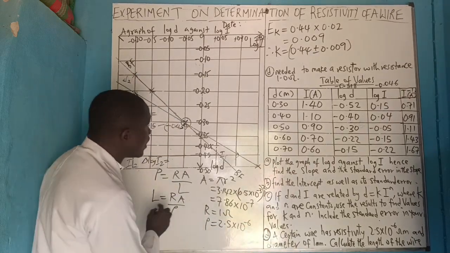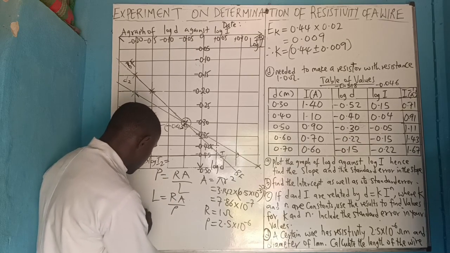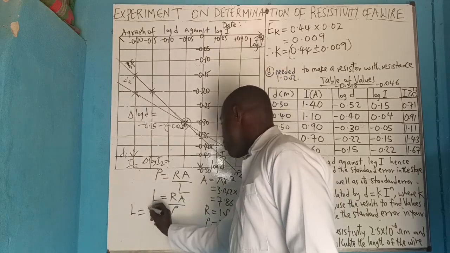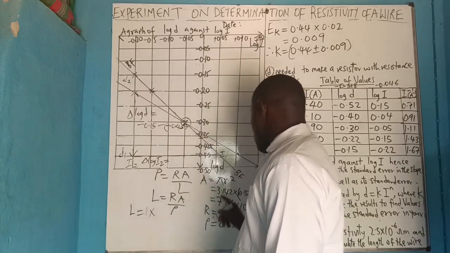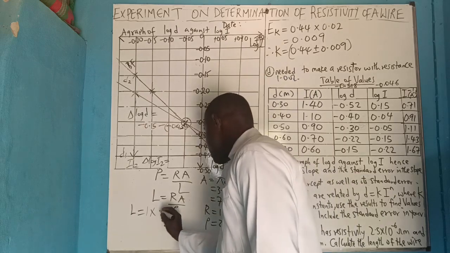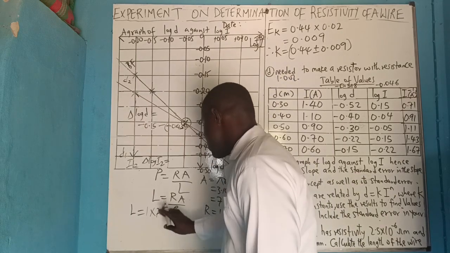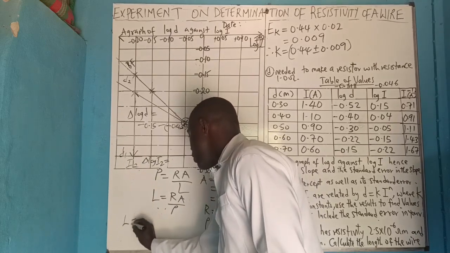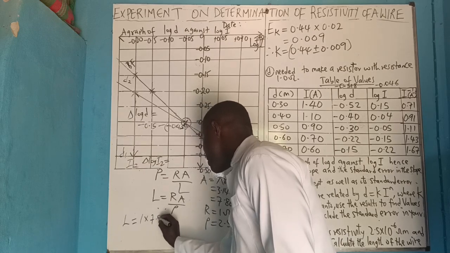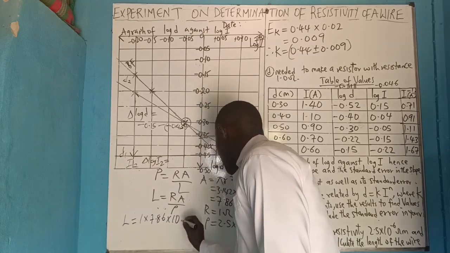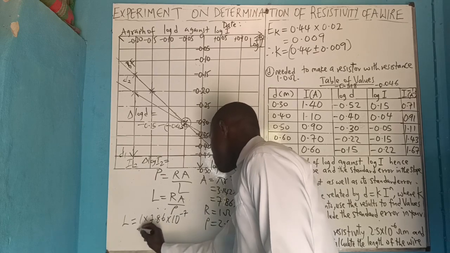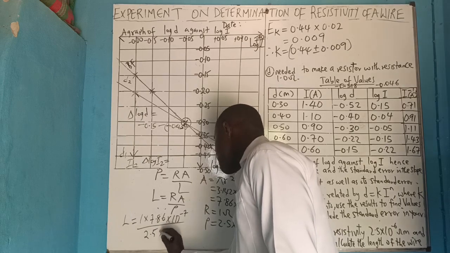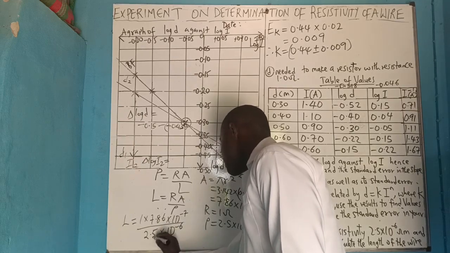So getting our L, we say that our L is equal to R, 1, times A, 7.86 times 10 raised to the power of minus 7, all over our resistivity, 2.5 times 10 raised to the power minus 6.